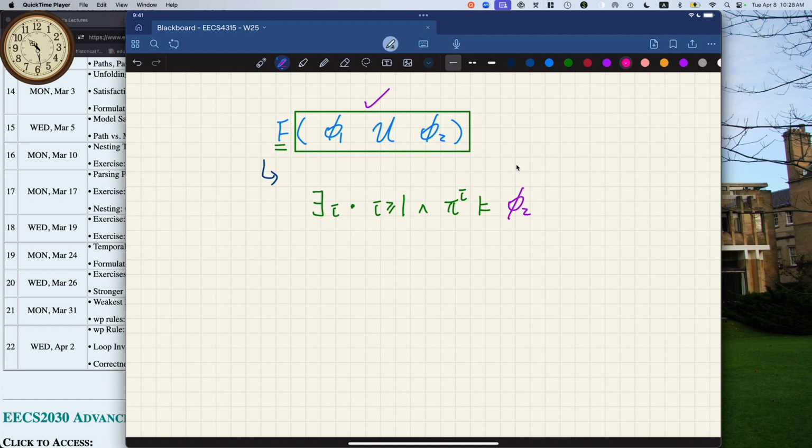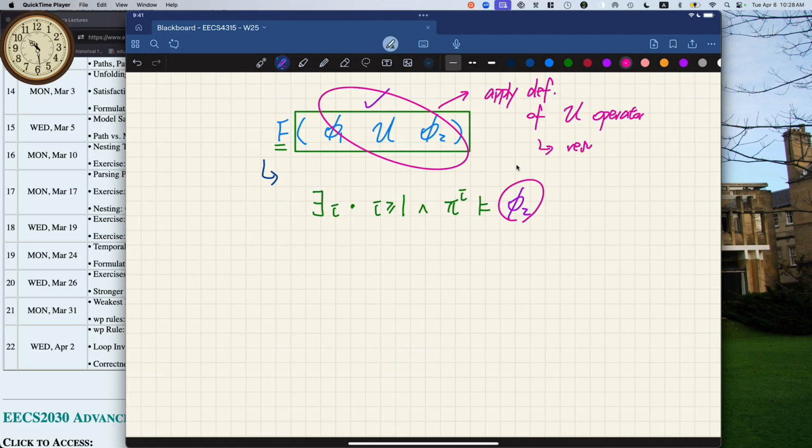And of course, for this you have to also apply the definition of the until operator. It's more like a nested quantification. So here you want to apply the definition of the until operator, and the result should be like a nested quantification.